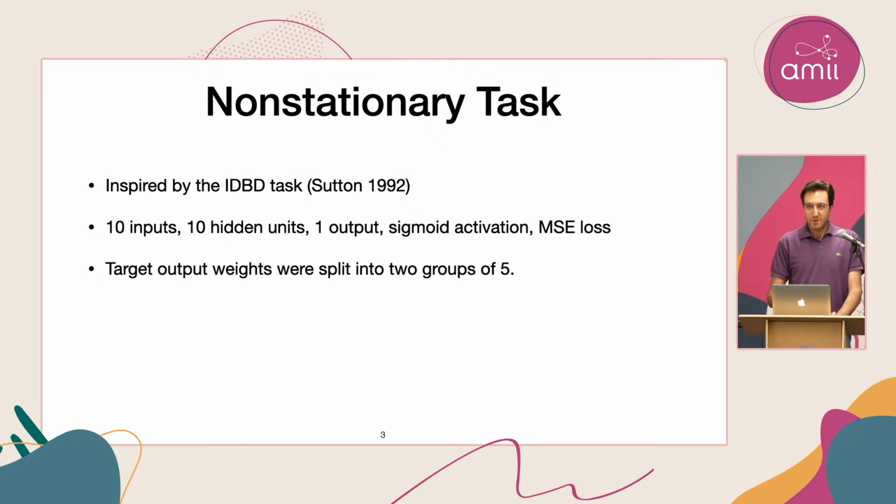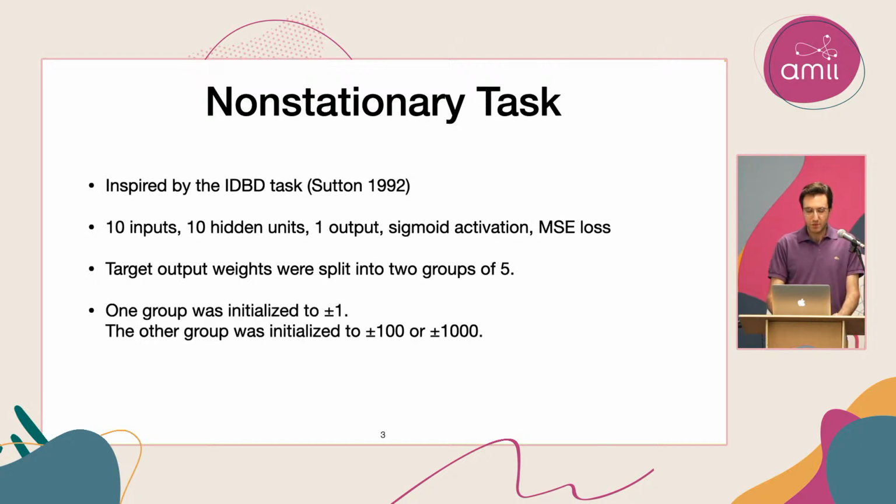There's a learner network and a target network. The learner has to approximate the target. There are 10 output weights for the target and for the learner. They have the same architecture. I split those target output weights into 2 groups of 5.